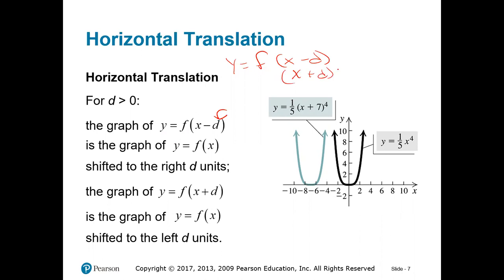In order for it to be the original, x minus that d would mean d is negative, so that means it would move to the left. Sorry, to the left. So if d is positive, it's going to move to the right. If d is negative, it's going to move to the left.